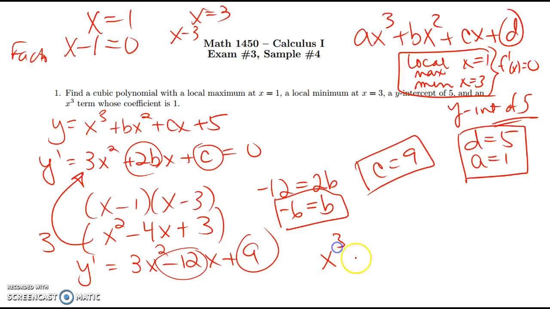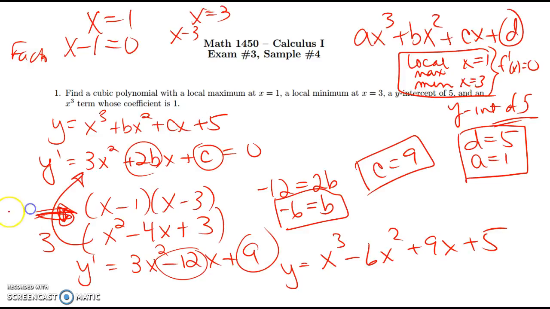So it comes out to be x cubed minus 6x squared plus 9x plus 5. Right? So this is good to remember. If they give us the solutions, we can get the factors. We multiply them together and we try to get them to look the same as this. And getting the 3 in front of the x squared helped.